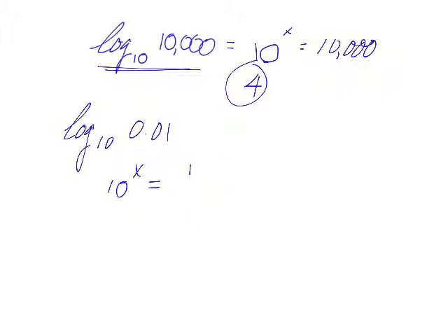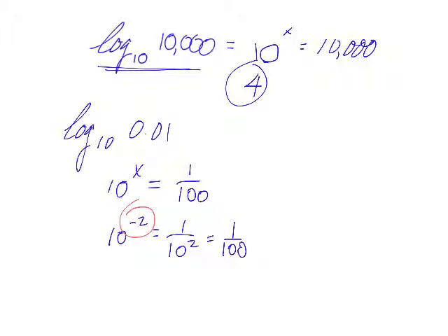So I'm trying to get 1 over 100. If I put a 10 to the negative 2, that means I have 1 over 10 squared, which is 1 over 100. So therefore, the answer I'm looking for is negative 2. That's my answer. The log base 10 of 0.01 is negative 2.